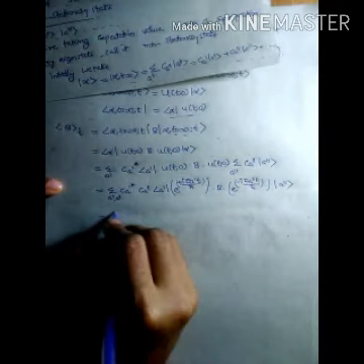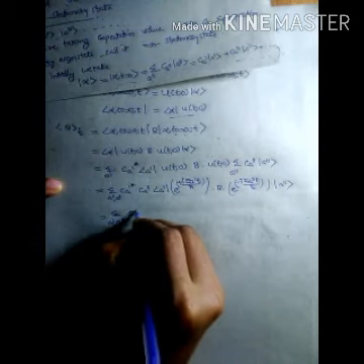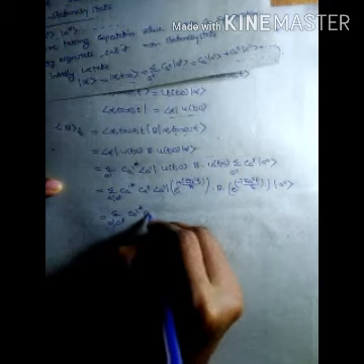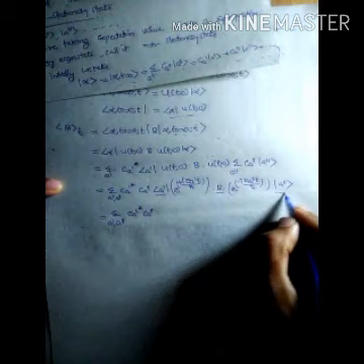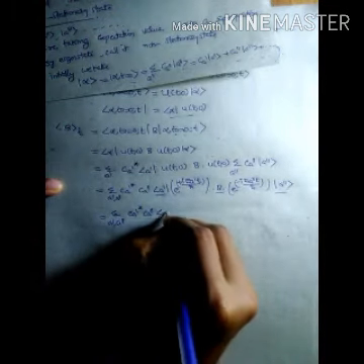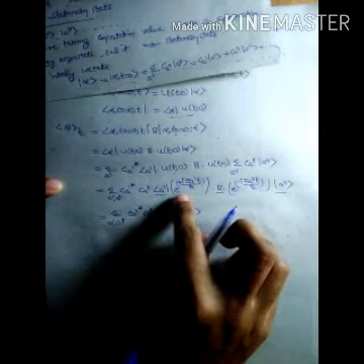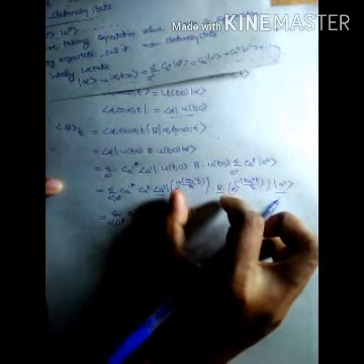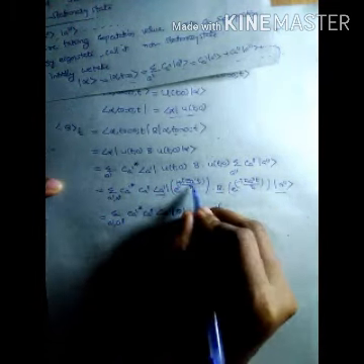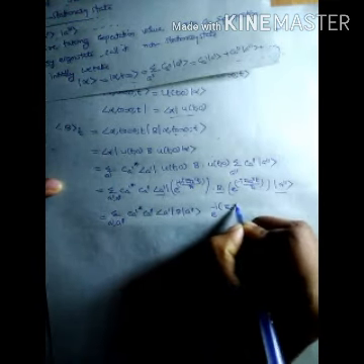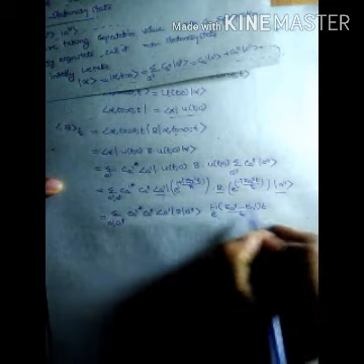Combining this part, we get the summation over a' and a'' of c_a' conjugate c_a'' <a'|B|a''>, and we take the exponential. From the exponential we take e raised to minus i outside, so what is left is (E_a'' minus E_a') t by h cross.